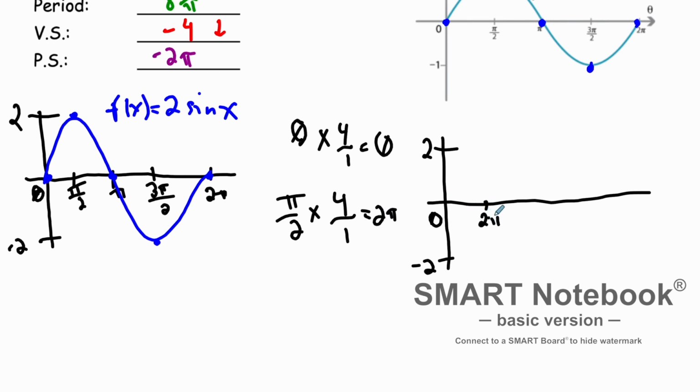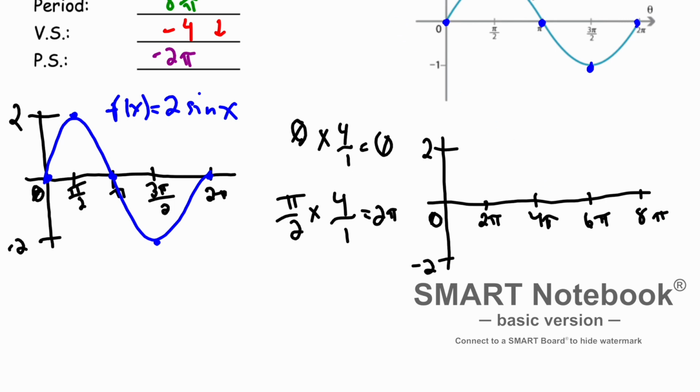So 2 pi. The next one, you're going to have pi times 4. Pi times 4 is 4 pi. We have a pattern here. What is it? It's going up by 2 pi every time. So 2 pi, 4 pi. Next up, 6 pi. And then the last one should be the period, which is 8 pi, which we got.